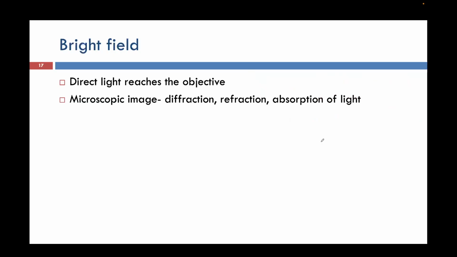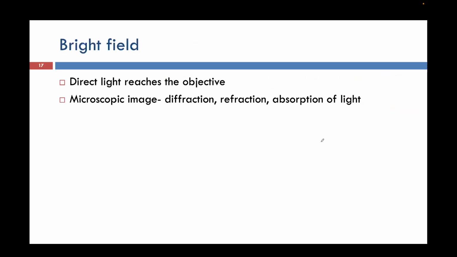Then comes bright field, one of the methods of microscopy. In bright field microscopy, direct light reaches the objective. The microscopic image is formed by diffraction plus refraction plus absorption of light.